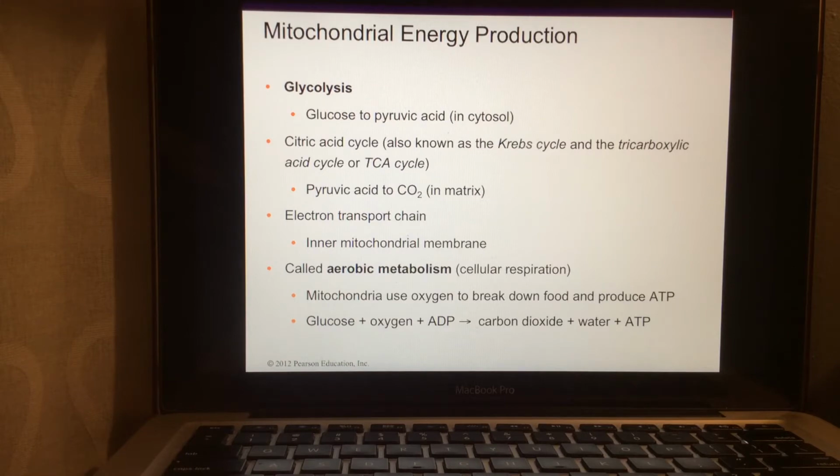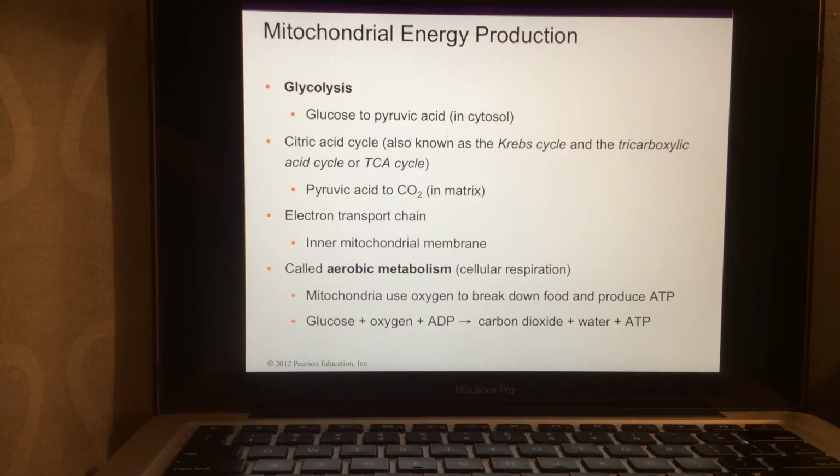Now, this is going to be a kind of complex slide. Chapter 26, I think, in semester 2, is an entire chapter on this one slide. So we're just going to go over the basics and understand that mitochondria create energy, and most of it will occur inside the organelle.